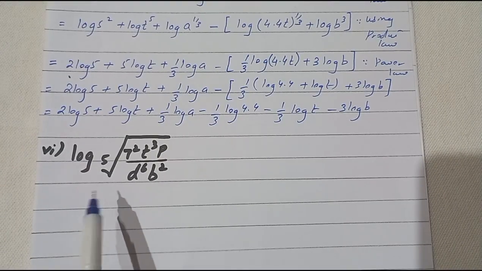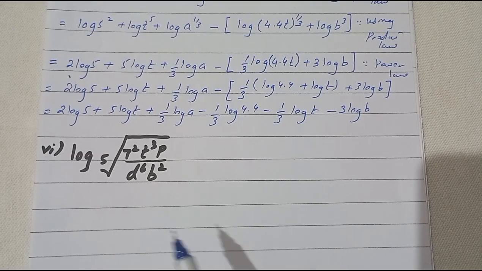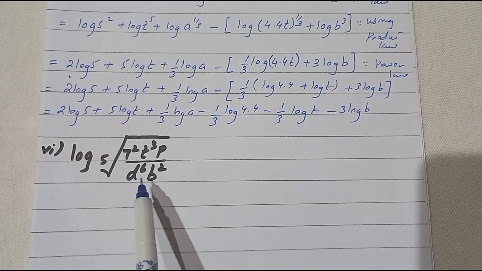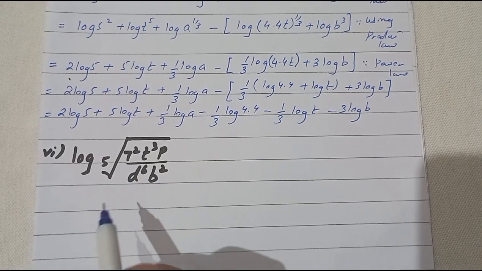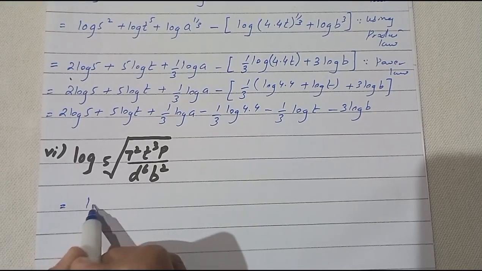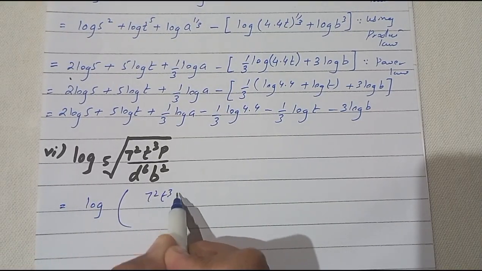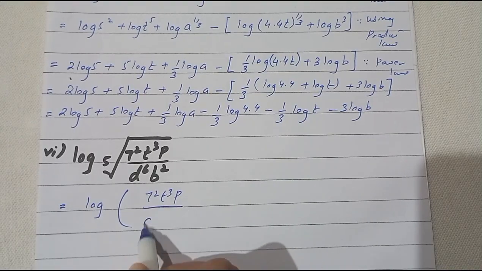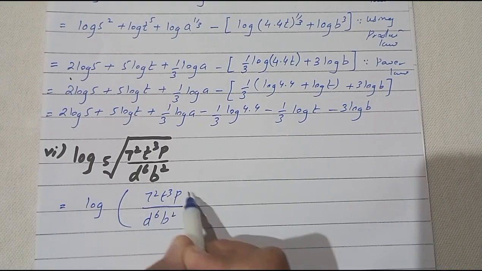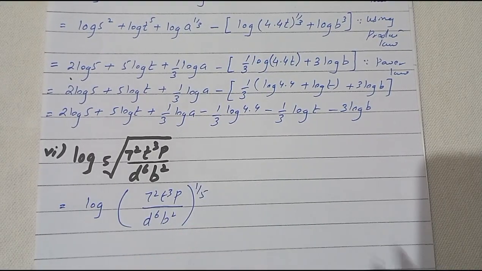So in part 6, which is a log of radical term, first we convert the radical term into exponential form, that is log of 7 square t cube b divided by d power 6 b square whole power 1 by 5.